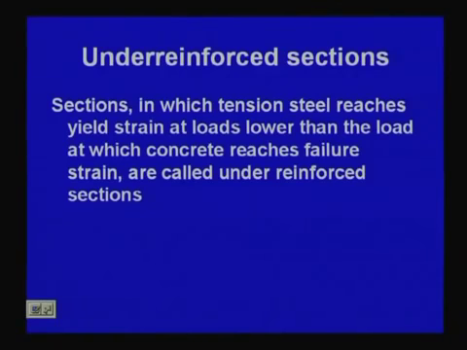Similarly, we have the under reinforced section, which is preferable. We always prefer this one. Sections in which tension steel reaches yield strain at loads lower than the load at which concrete reaches failure strain are called under reinforced sections.